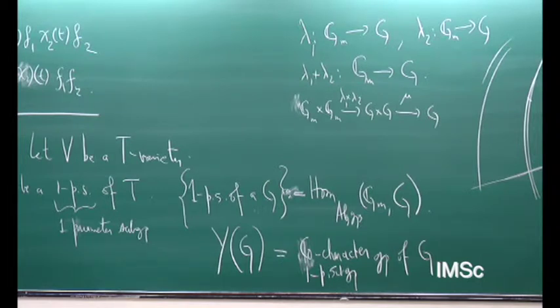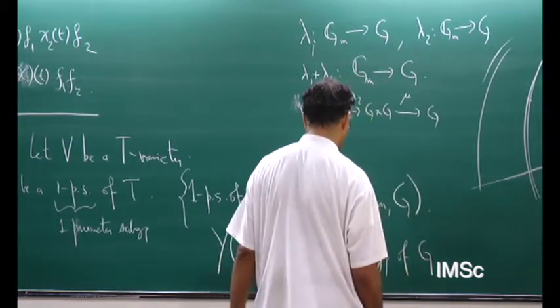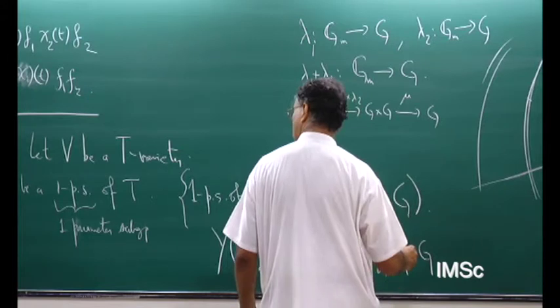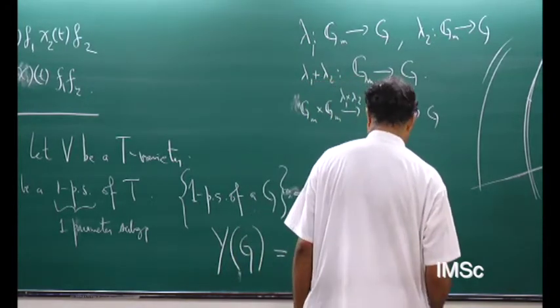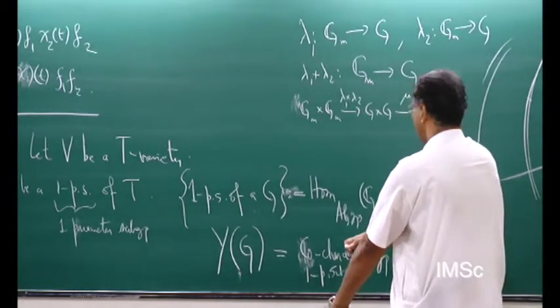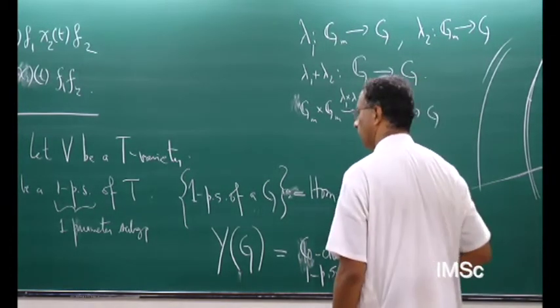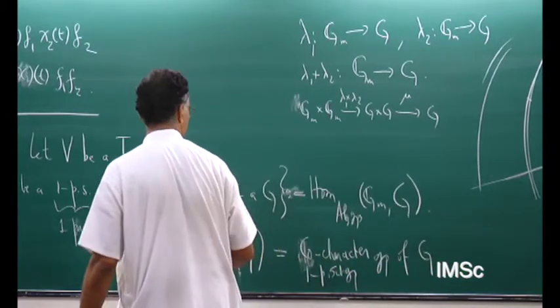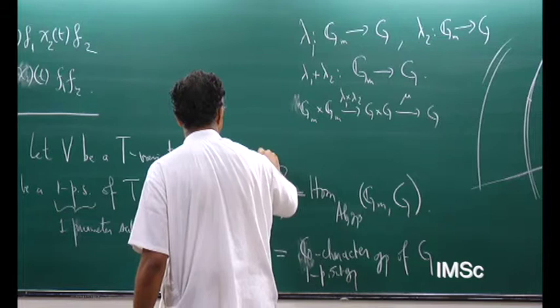But this is not commutative. Lambda 1 plus lambda 2 is not lambda 2 plus lambda 1. Aha, okay. So you're right. Correct, absolutely. So I can't write it additively. Okay, so let's assume that G is diagonalizable. G is commutative.